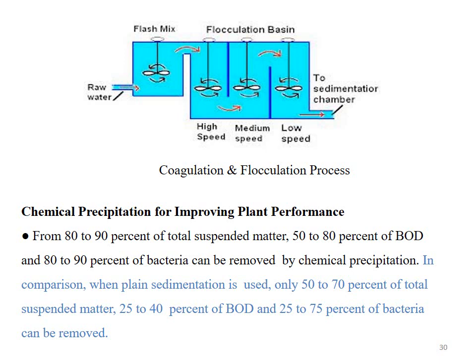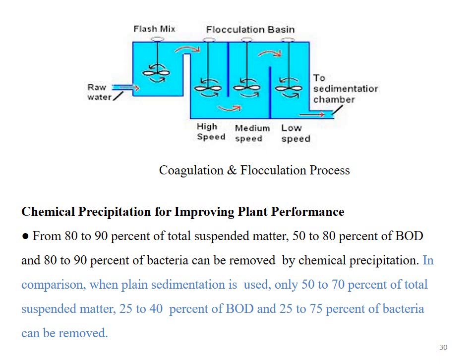Chemical precipitation is being used for improving plant performance. Let's see why. If we use chemical precipitation, then 80 to 90% of the total suspended matter, 50 to 80% of the BOD, and 80 to 90% of bacteria can be removed.